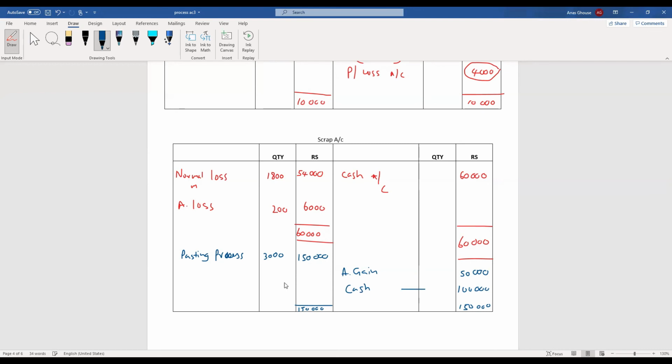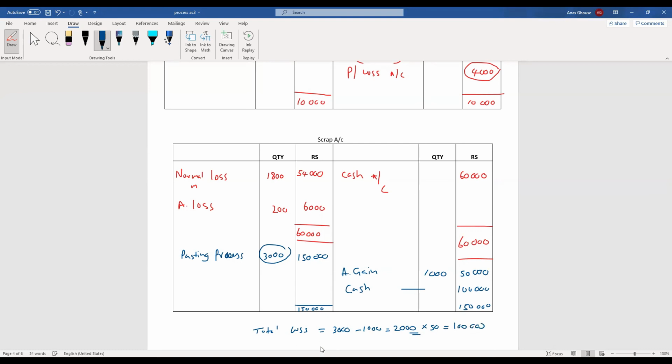As I explained earlier, even though the normal loss is 3,000, we had an abnormal gain of 1,000. So the total loss was the normal loss minus 1,000 abnormal gain, which is 2,000. So this is the actual amount that we could realize, which is 100,000.